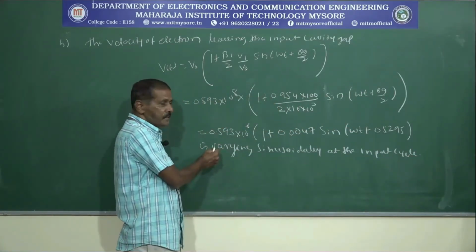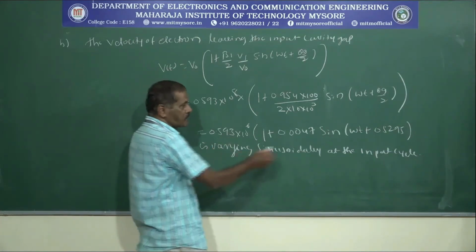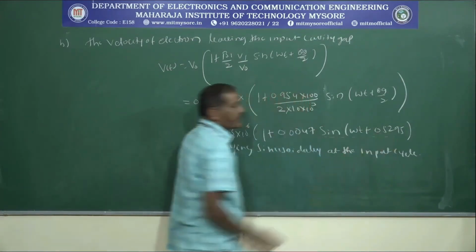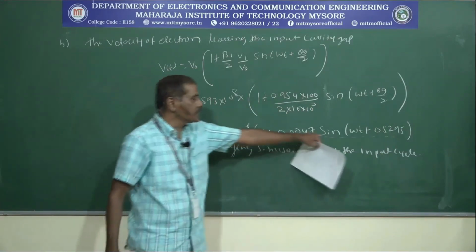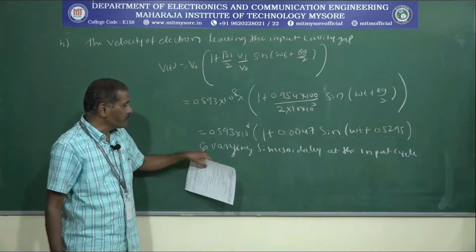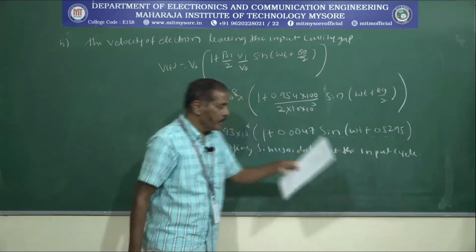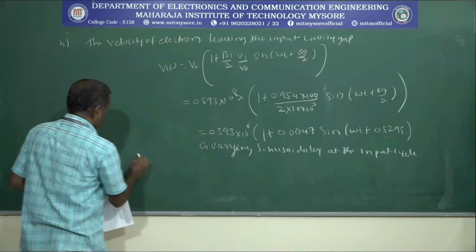We are supposed to write here varying sinusoidally because we are getting the sine term here.